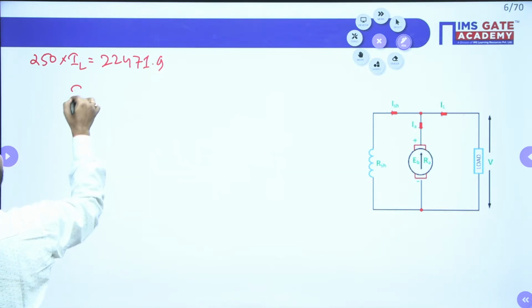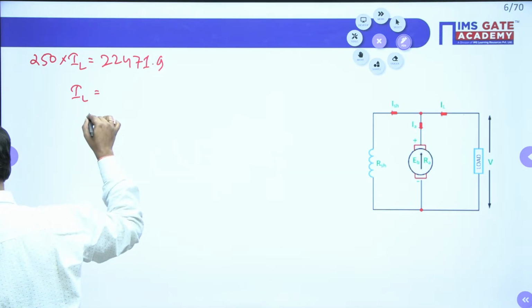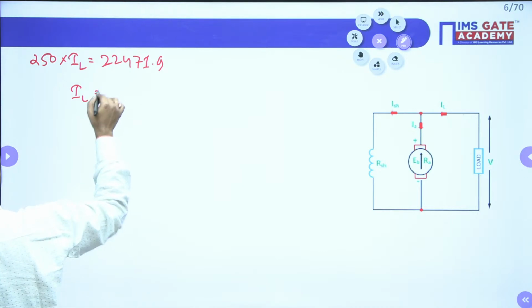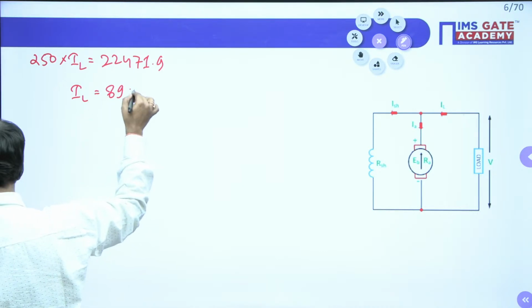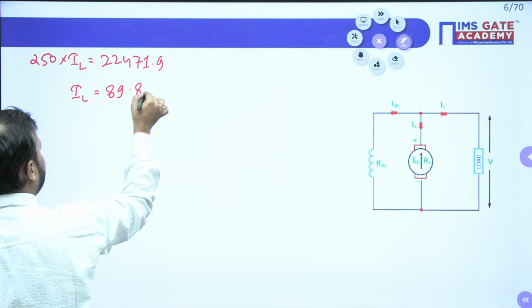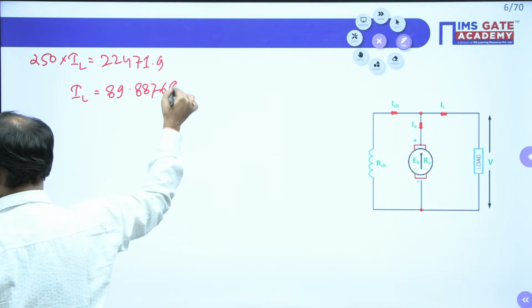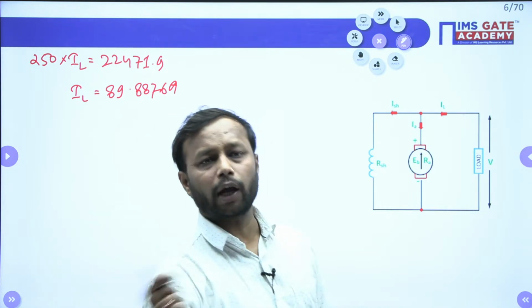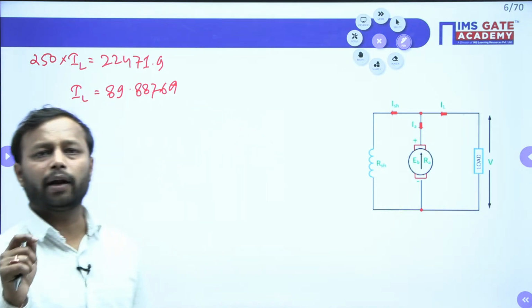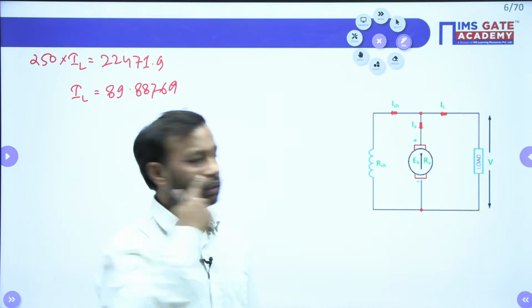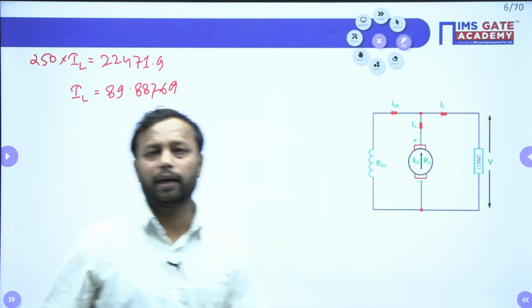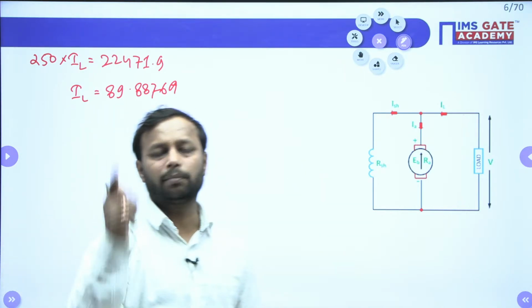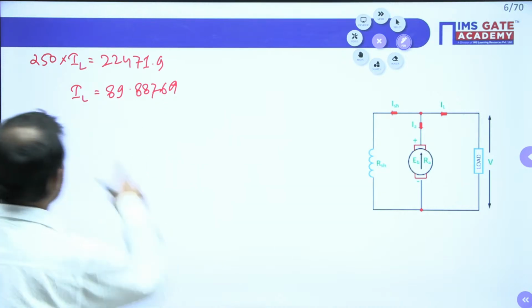So from here IL will be equal to, let me write the answer directly, 89.8876 ampere. Done. Now here what I am doing, I want to calculate the losses which are occurring in the machine during the maximum efficiency. So this is IL.